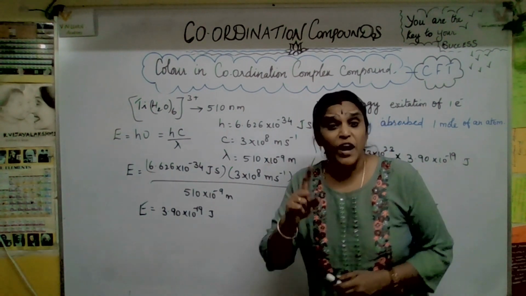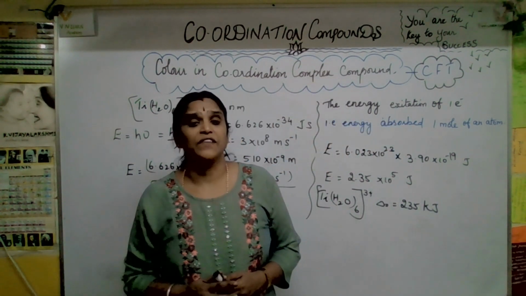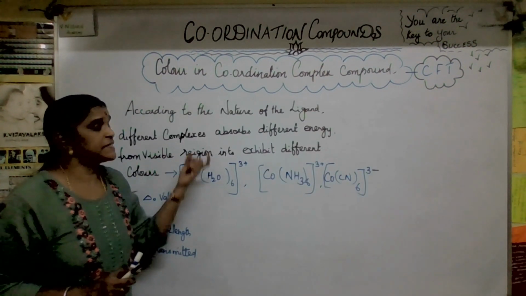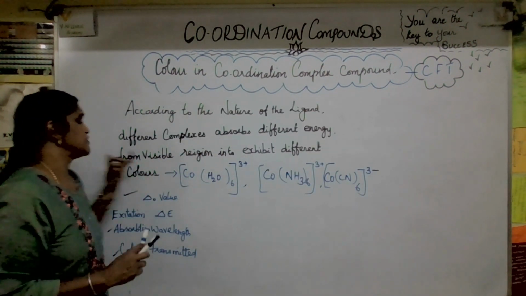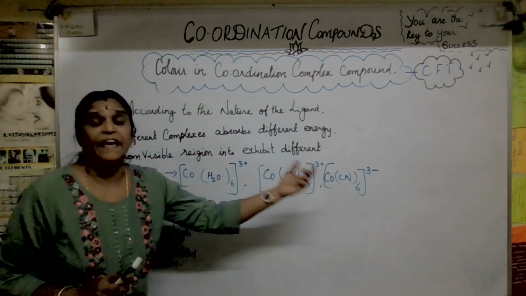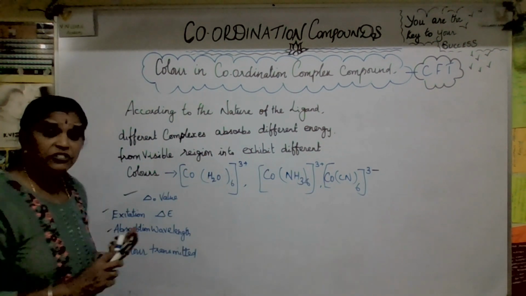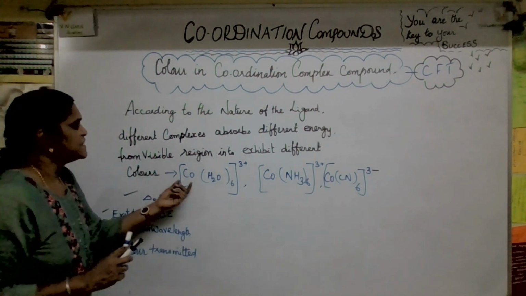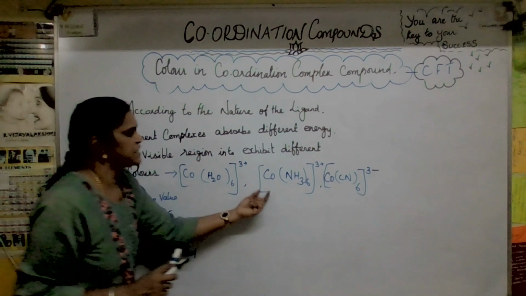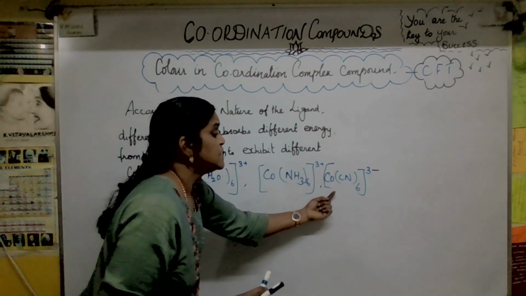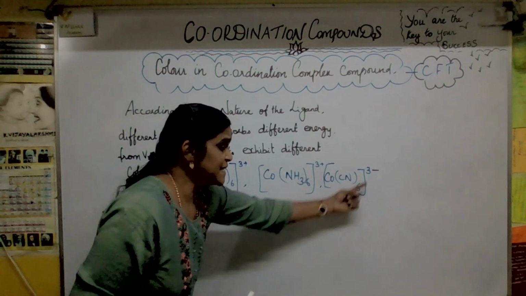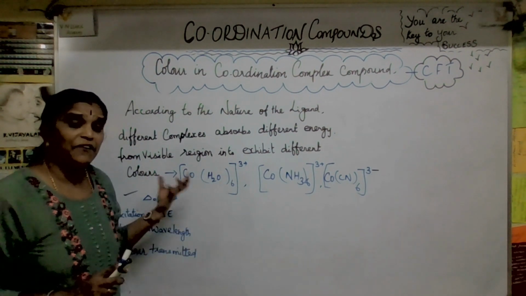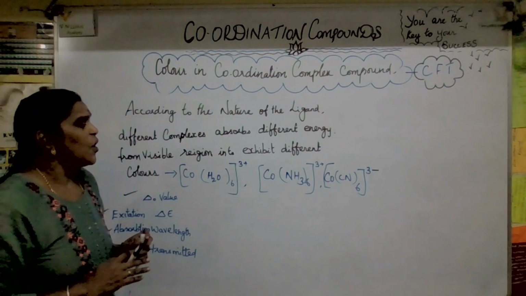Okay, now we are going to see the nature of the ligand. According to the nature of the ligand, different complexes absorb different energy from the visible region and exhibit different colors also. Let us find some examples: [Co(H2O)6]3+, [Co(NH3)6]3+, [Co(CN)6]3-. Actually, from the nature of the ligand we can identify these complex compounds.